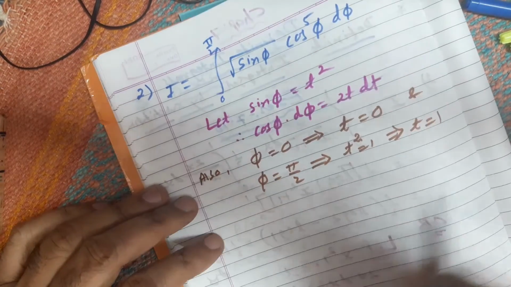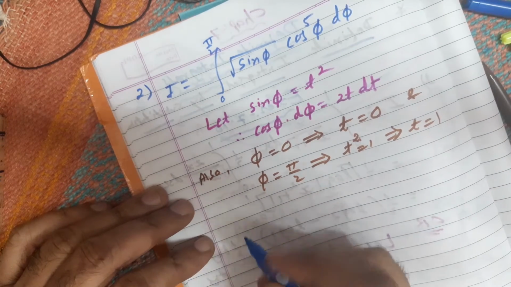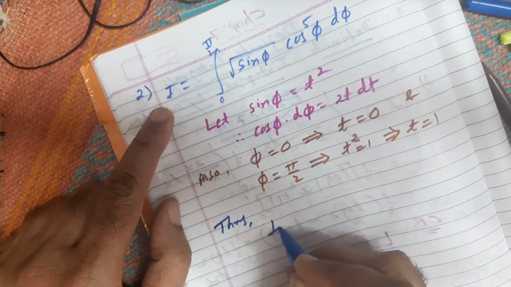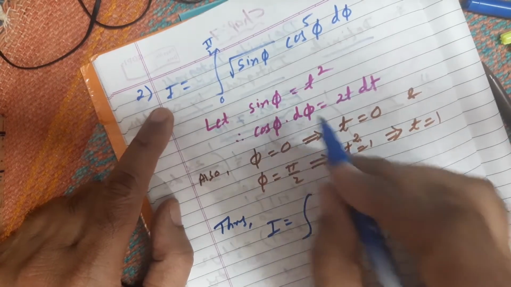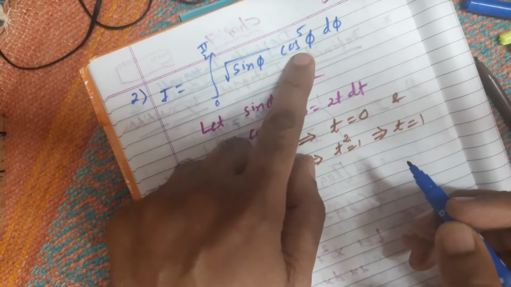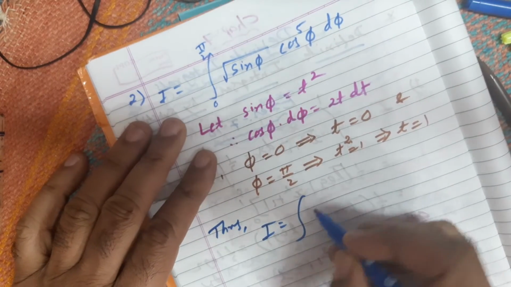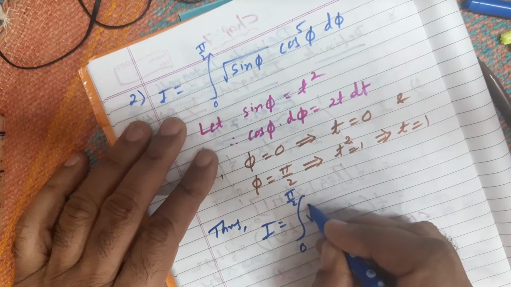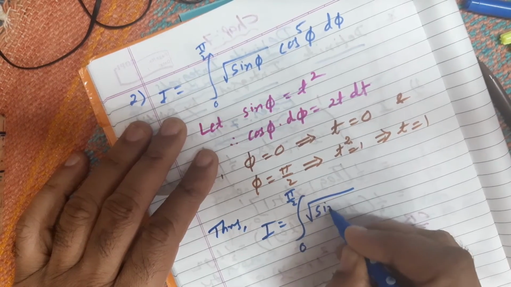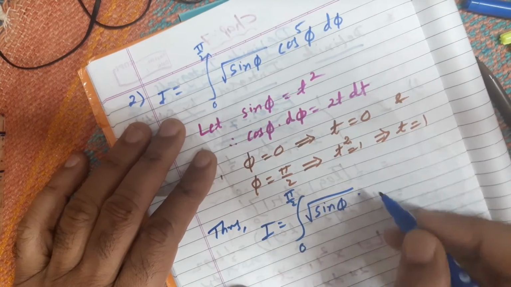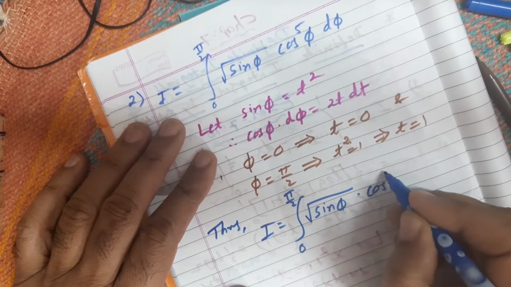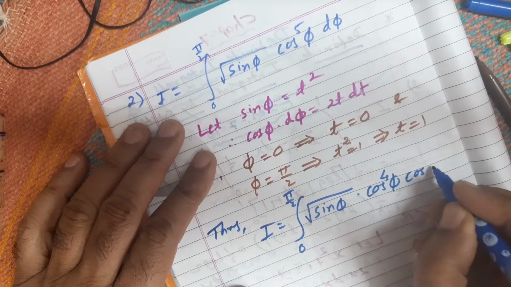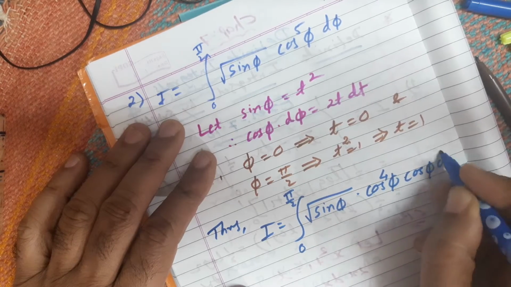So thus, you can say that I is equal to, before I replace all these things, let us split this as I told you a few minutes back: 0 to pi by 2, under root of sin phi into cos raised to 4 phi into cos phi d phi.